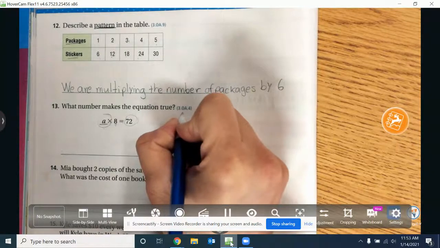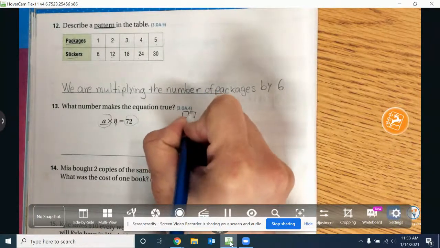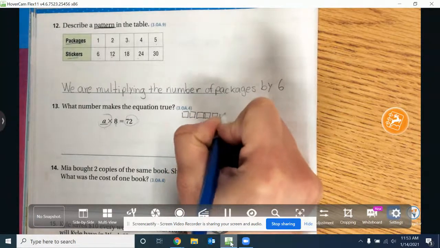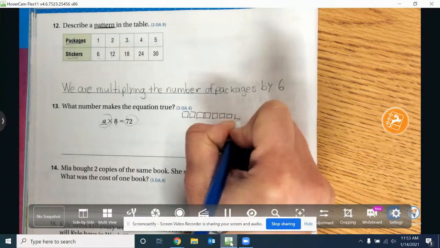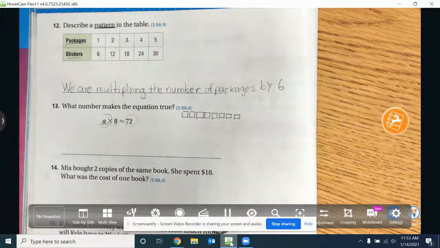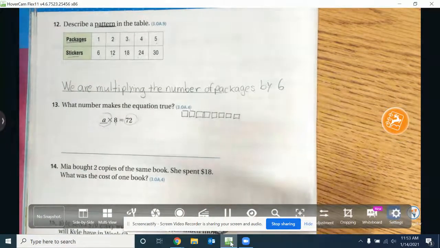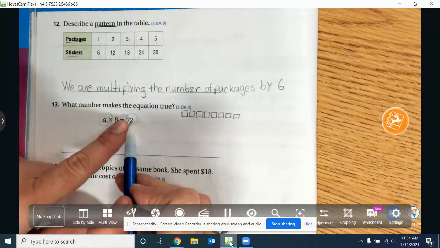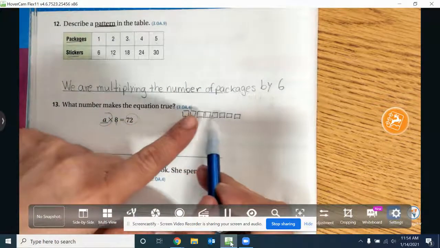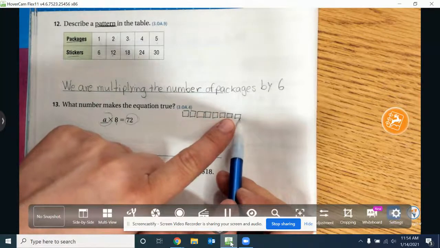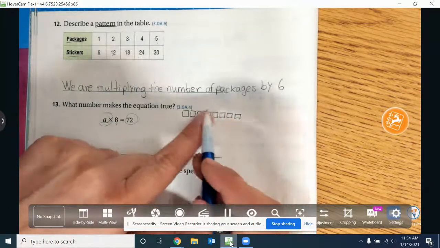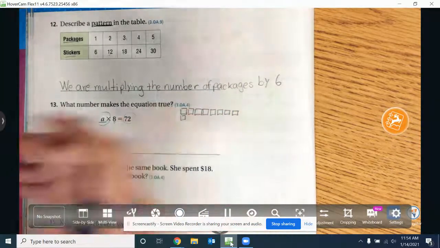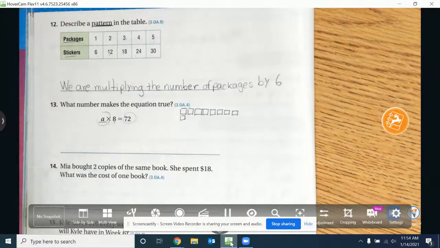We're making an array. 1, 2, 3, 4, 5, 6, 7, 8. And you can try to draw these boxes small so they all fit. We're going to keep counting until we get to the number 72, 8 boxes at a time. Remember, when you make your second row, make sure that you draw your box right under the top one so the array matches.